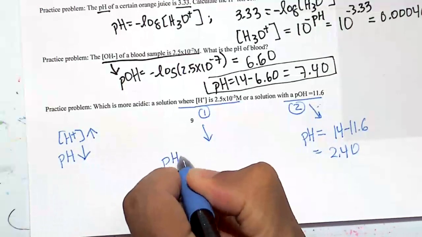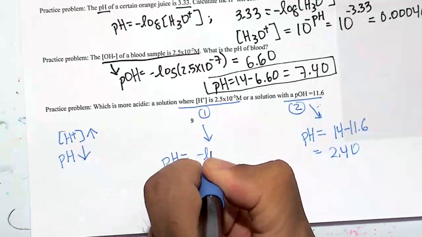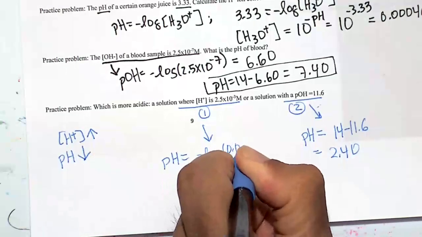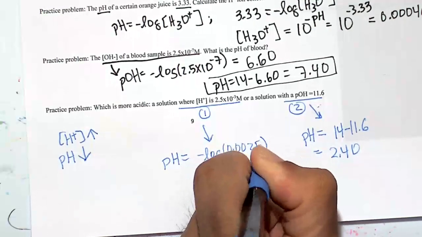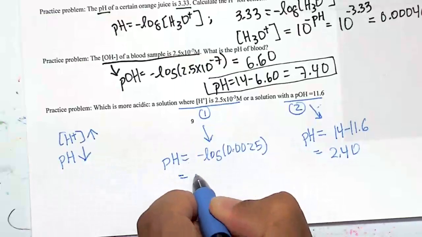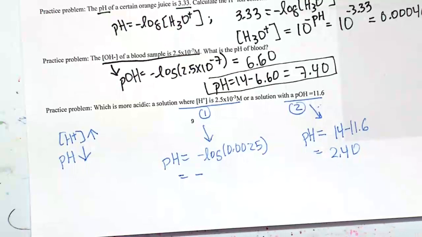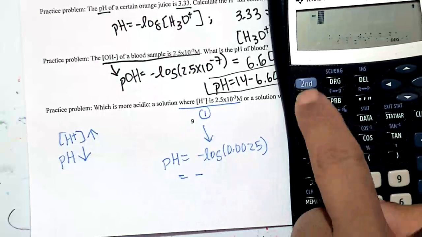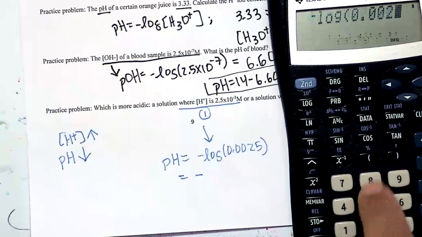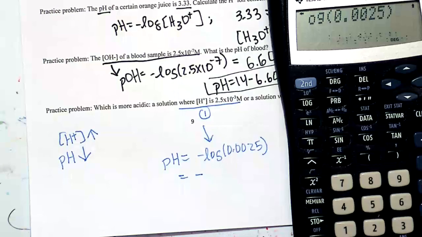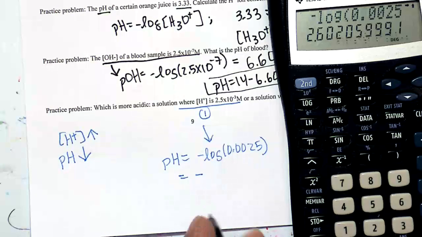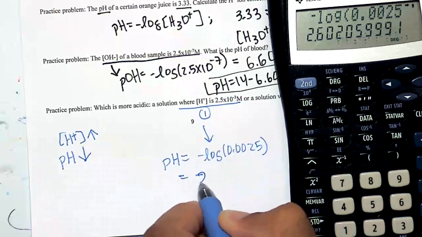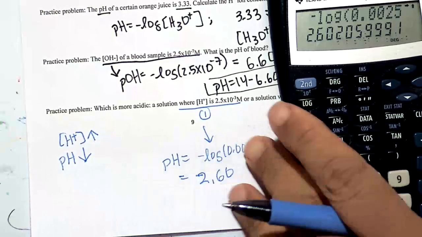And then we'll do the pH of solution 1, which is minus the log of 2.5 times 10 to the minus 3. And that's 2.60.